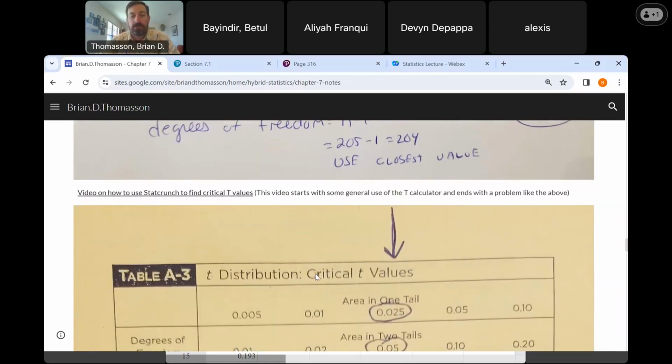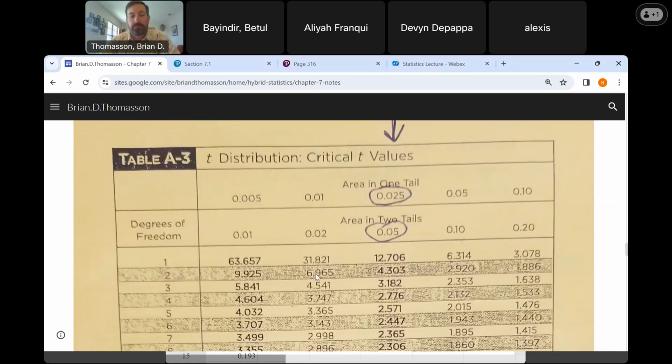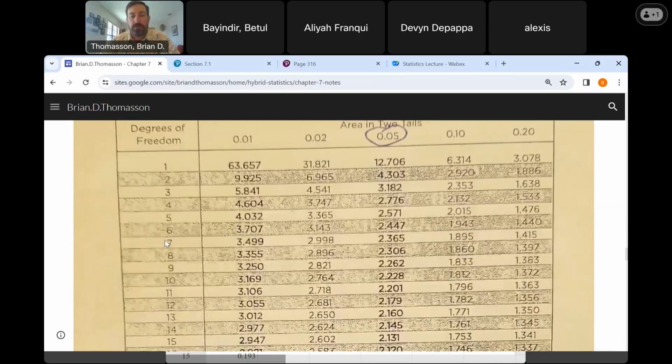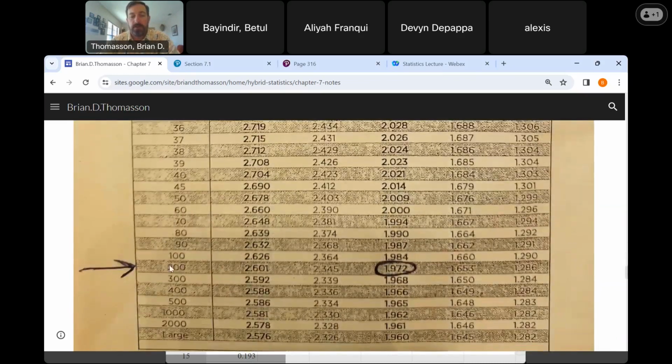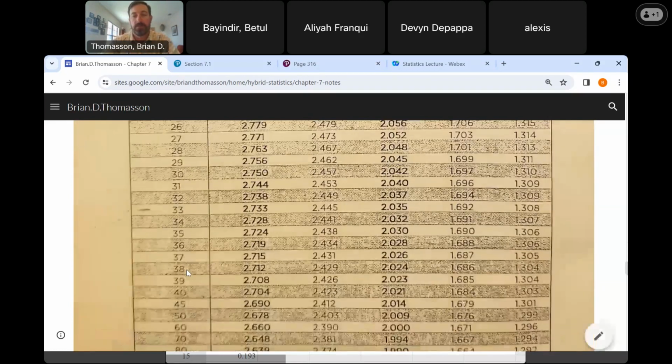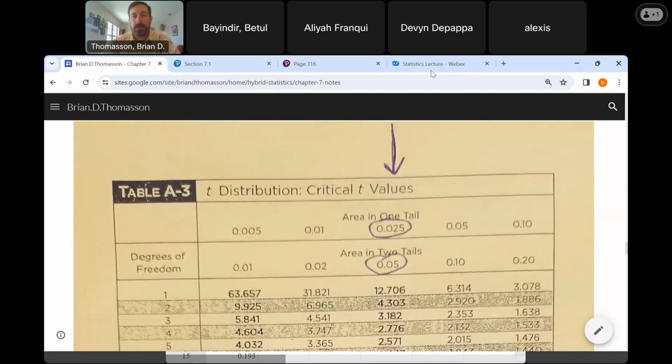All right, so we have this new table. Down this first column, we have degrees of freedom. And if we go down there, we're looking for 204. There is no 204, there's just 200. So we just go with whatever's closest. And then up top, we have the area in one tail or area in two tails.